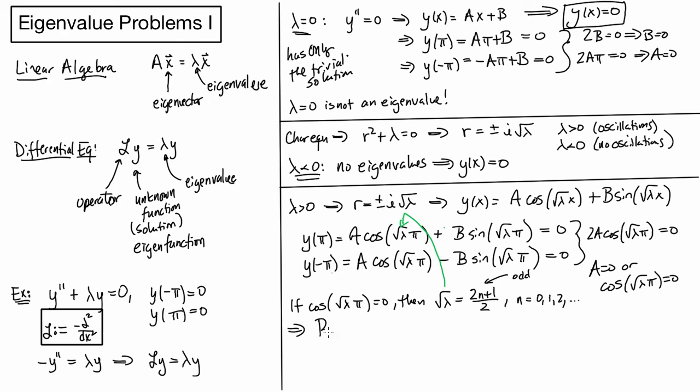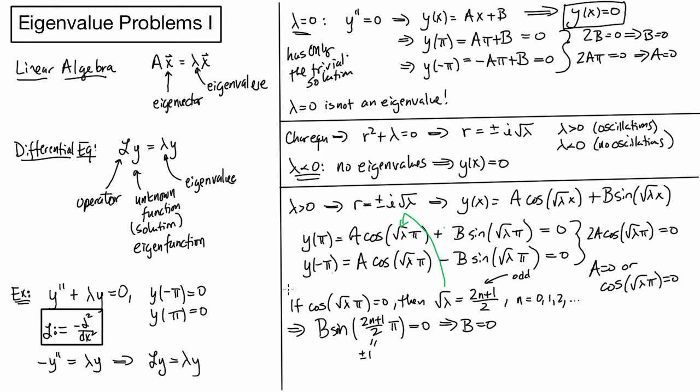So I need b sine of 2n plus 1 halves pi. I need that to be 0. Well, in order for that to be 0, I have to have integer multiples of pi. So I know this guy is going to be plus or minus 1 at odd multiples of pi halves, which means the only way that this can be 0 is if b is 0.